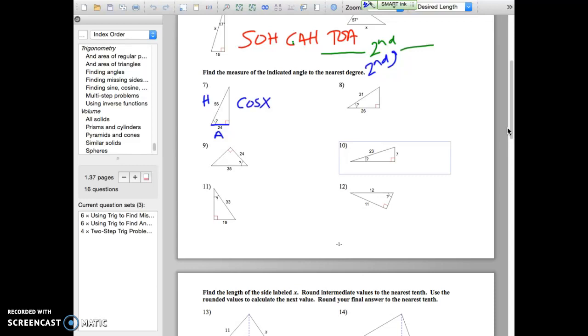So the cosine of x equals 24 over 55. Again, you're going to have to hit second cosine, so you get that little negative 1, 24 over 55, and then you equal that out. You end up with, what is that, number 7? Looking at my answer key here because I didn't work it out. Number 7, you should end up with 64 degrees.